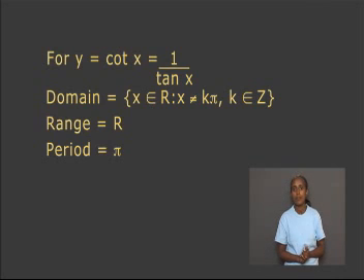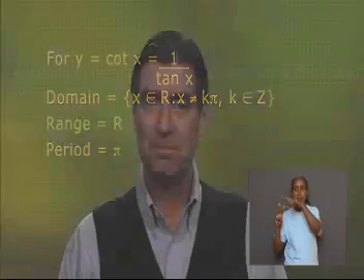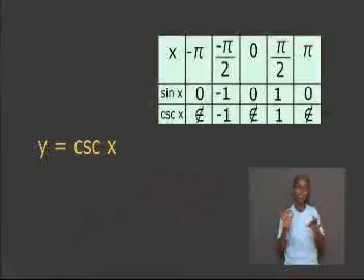The range is all real numbers, and the period is pi. Were these your answers, students? Great work. Let us look at how to sketch the graph of each function.